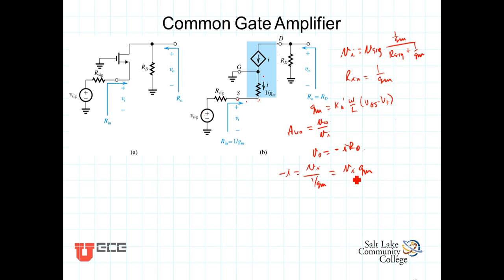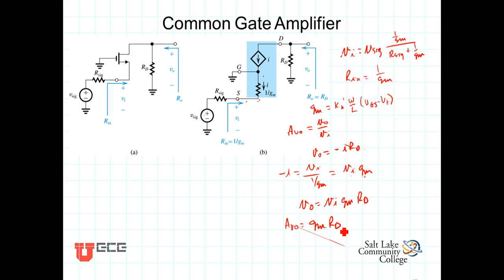Replacing negative i with v_in times g_m, we get v_out equal to v_in times g_m times R_D. And the open circuit gain, A_vo, is just v_out divided by v_in, or g_m times R_D.